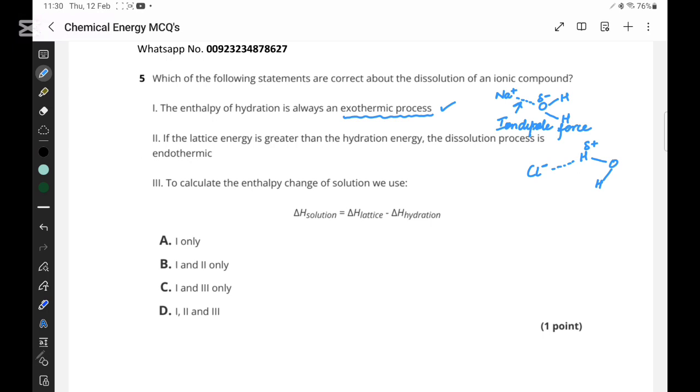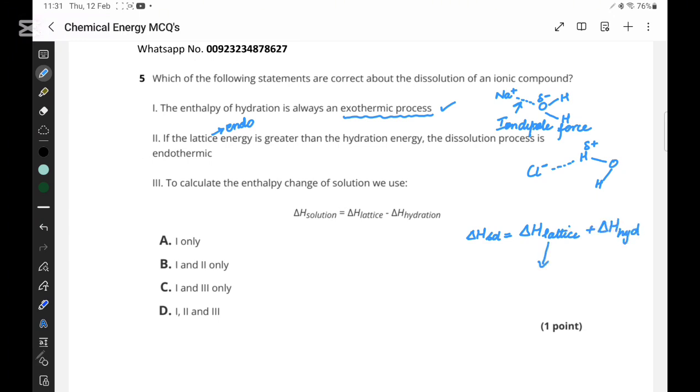Now, if they are saying that if lattice energy is greater than hydration energy, the dissolution process is endothermic. Lattice energy is always endothermic, and enthalpy of solution is equal to lattice enthalpy plus enthalpy of hydration.